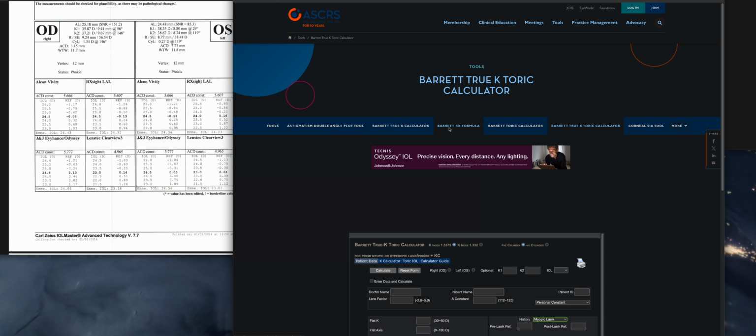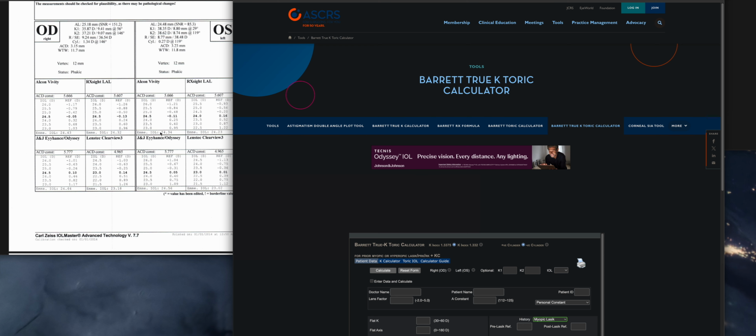Let's just do this one or this one. Oh, I'm sorry, take that back. Either this one, the Barrett toric calculator, for all virgin corneas, doesn't matter what the SIL is, just always use this one, so I can make the decision if it's going to be a toric or not. Or use this one for any post-refractive eye: LASIK, PRK, SMILE, RK. All right, sorry for the confusion.